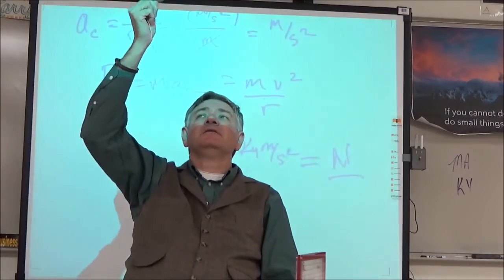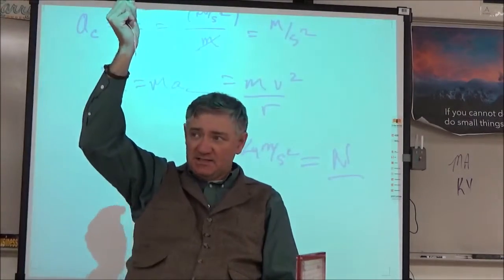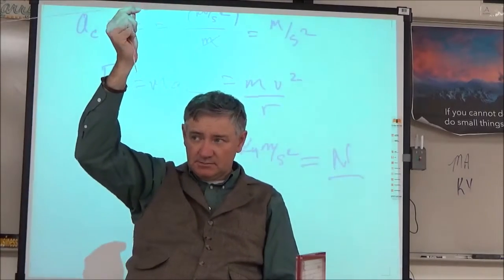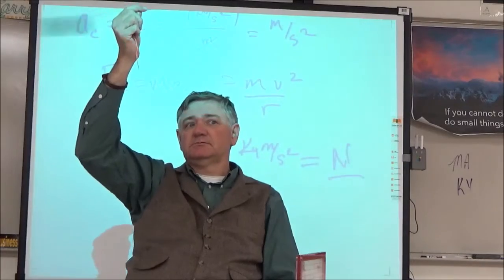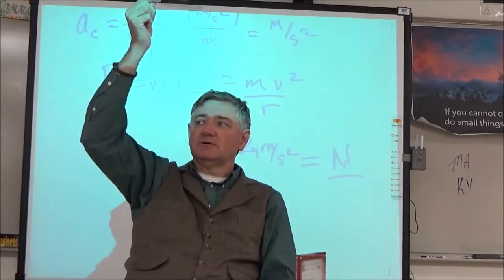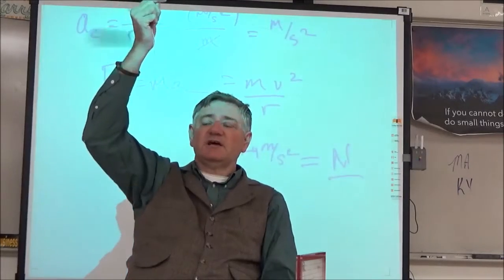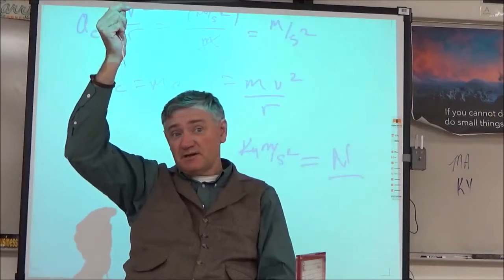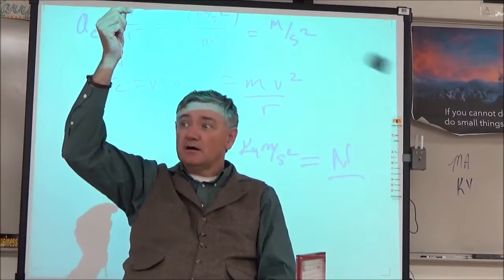So, as this thing makes one revolution, how can I figure out how far it's going? How can I find the distance that that rubber stopper is going to travel? If I know the radius, I can find the circumference.